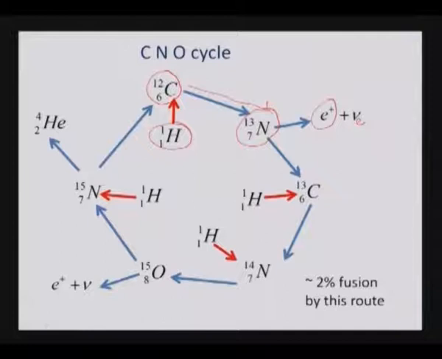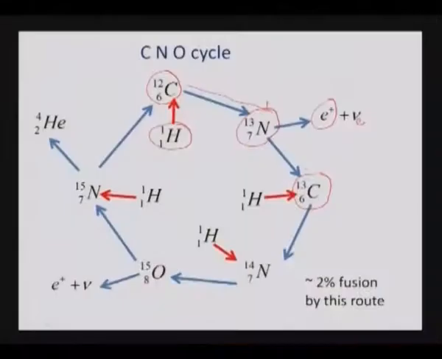From 7 protons it becomes 6 protons, because one proton becomes neutron, but that 13 remains 13. One proton becoming neutron, that mass number 13 remains 13, and therefore you get 13 carbon nucleus.